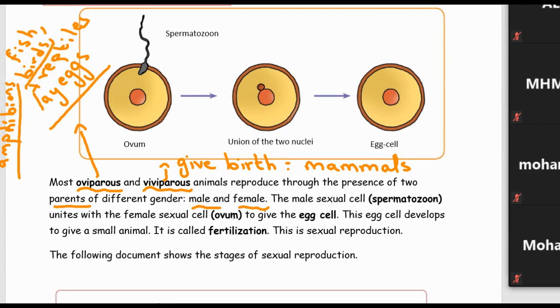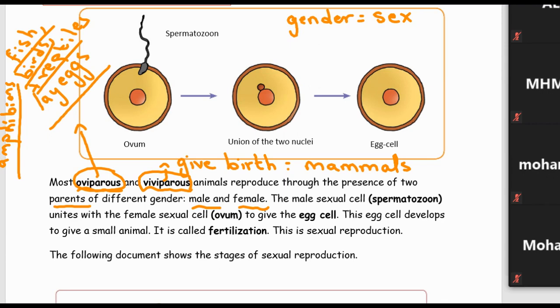So these are the groups which lay eggs and the groups that give birth. These groups are known as oviparous and viviparous animals. The word gender, as we wrote before, means sex, and we have only two sexes, male and female.